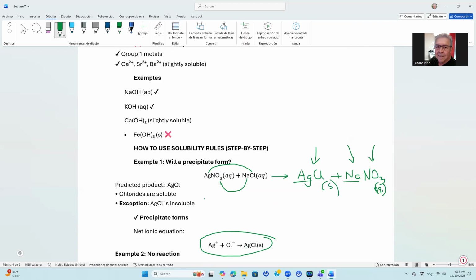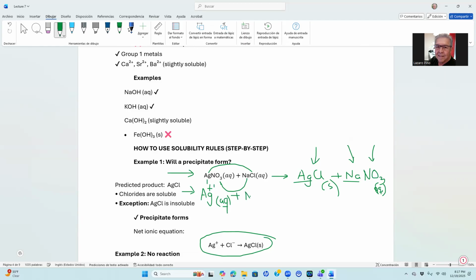If you want to, this is the general formula, but you can do this. You can convert every ion into the solution, how they will be.